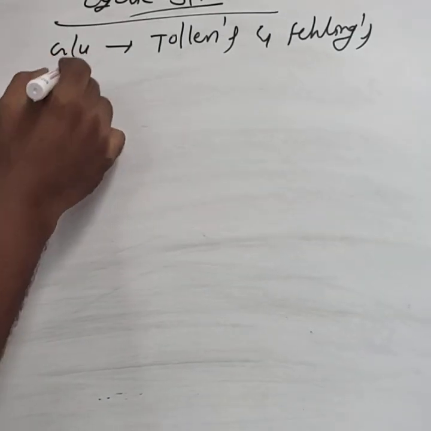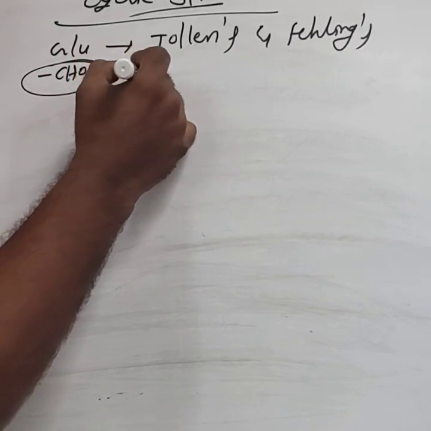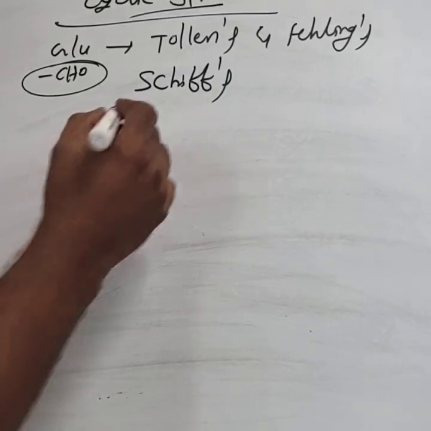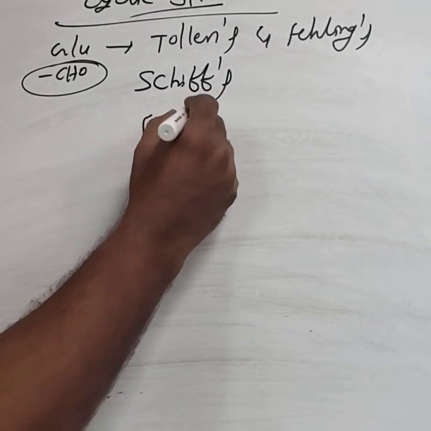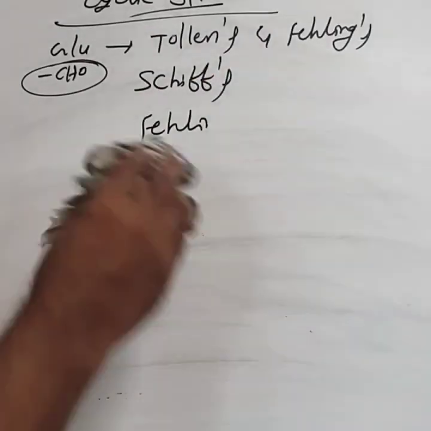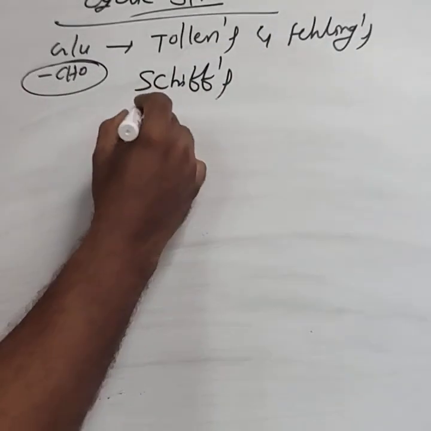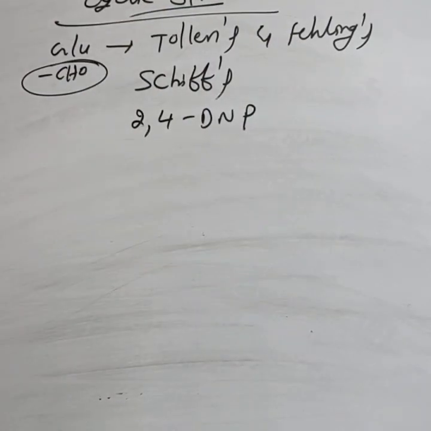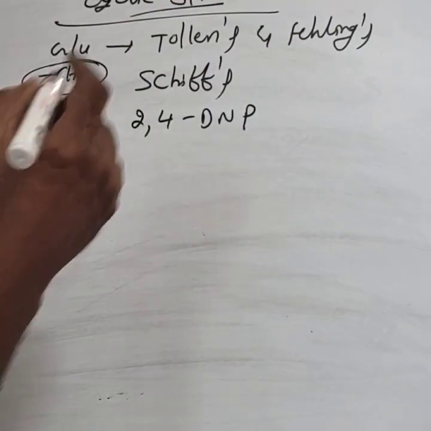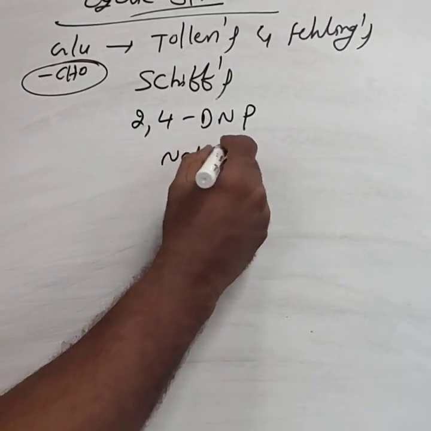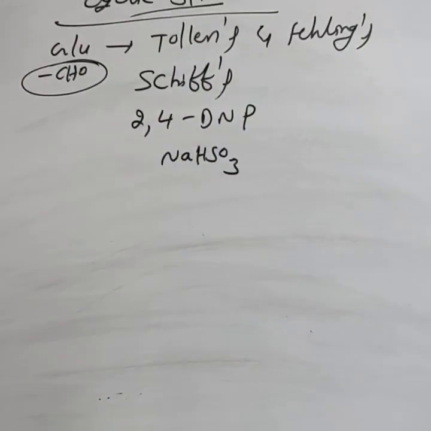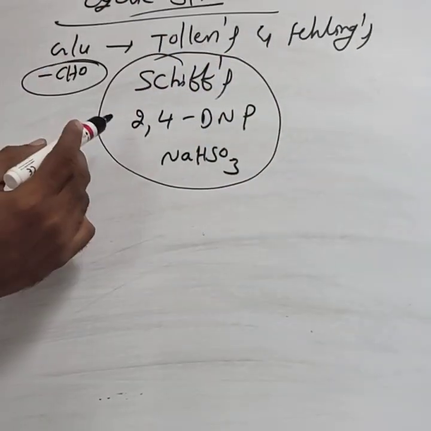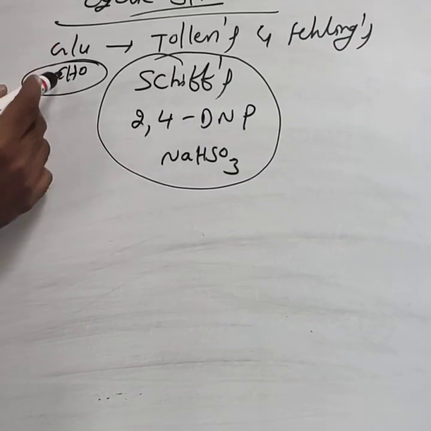Similarly, aldehydes answer other tests like Schiff's reagent, 2,4-DNP, 2,4-dinitrophenylhydrazine, or sodium bisulfite, NaHSO3. These are also the characteristic reactions of the aldehyde. Glucose contains an aldehyde group.